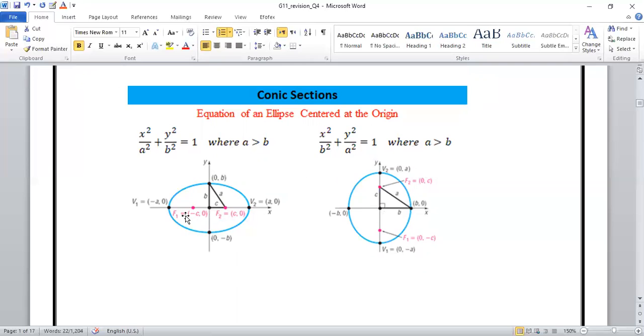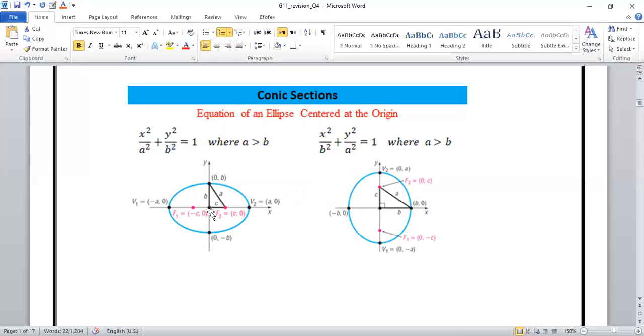It has two axes: the major axis and the minor axis. In this case, the major axis is on the x-axis and the minor axis is on the y-axis. The formula of the equation of an ellipse is x squared over a squared plus y squared over b squared. a is the distance from the center to the vertex, and b refers to the distance on the minor axis.